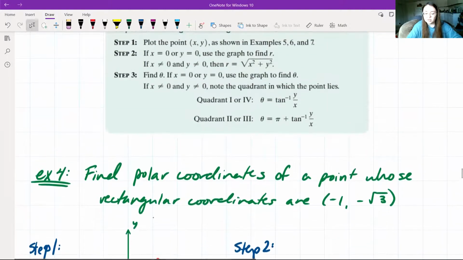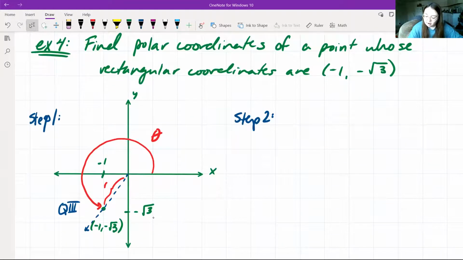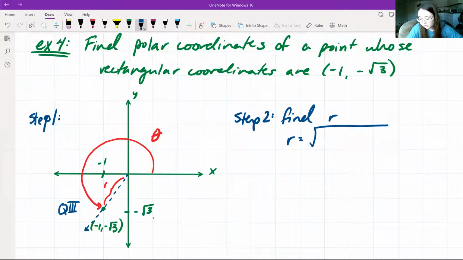Step 2, we want to find r. We know that x and y are not equal to 0, so we know that r is going to be equal to the square root of x squared plus y squared. x squared in this case is going to be -1 squared, and y squared is going to be negative square root of 3 squared.